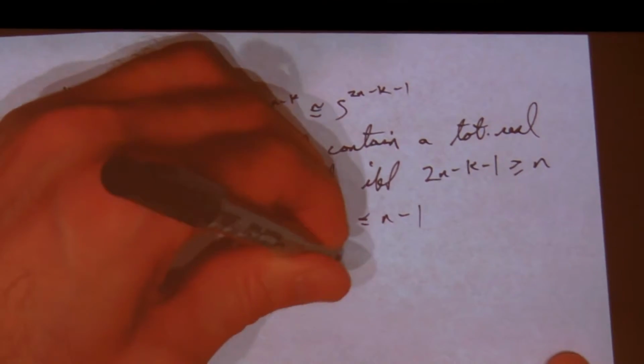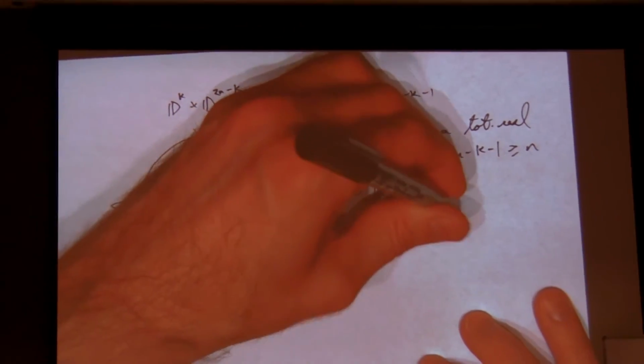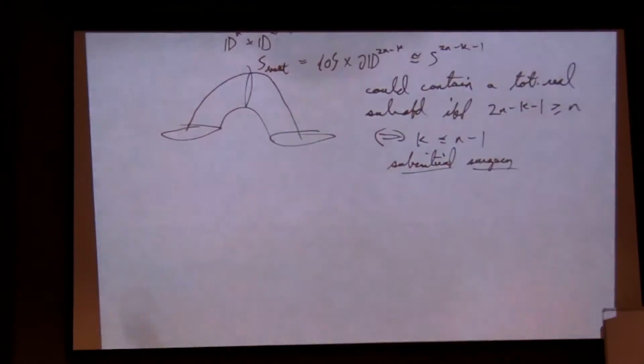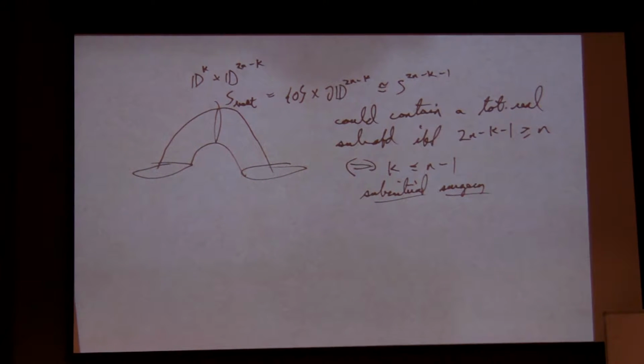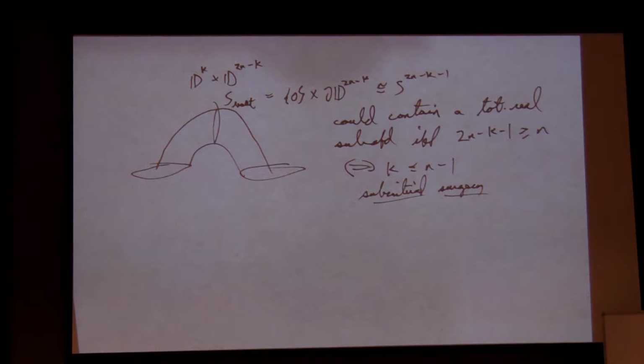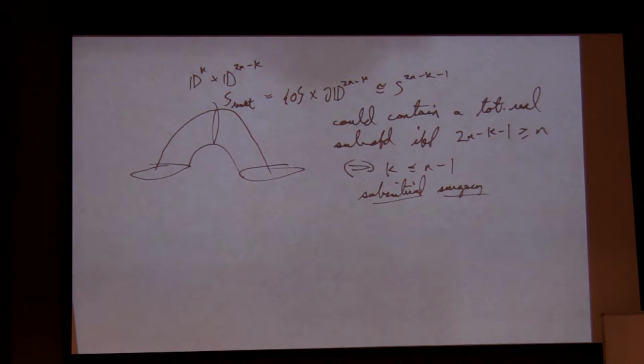And that's what's known as subcritical surgery. And if you know a little bit more of the context of things that have been proved in the past, it sounds very plausible that you would be able to say something close to classification of fillings for things obtained by subcritical surgery. So in dimension 3, it's known that anything subcritically fillable has, in fact, a unique Stein filling.